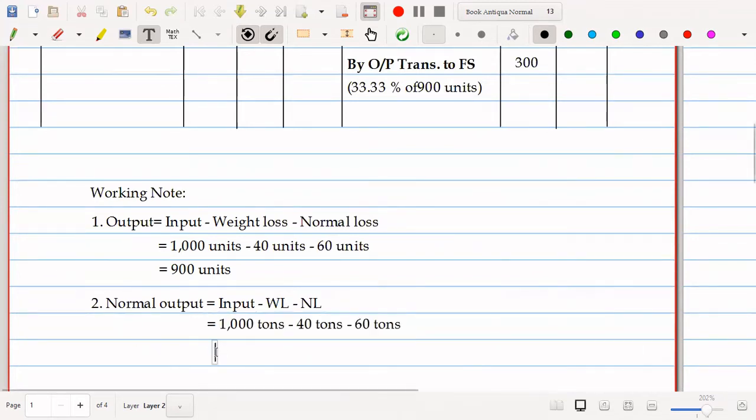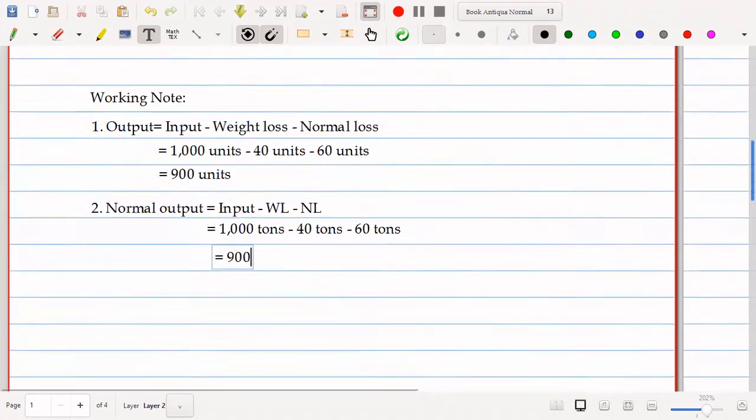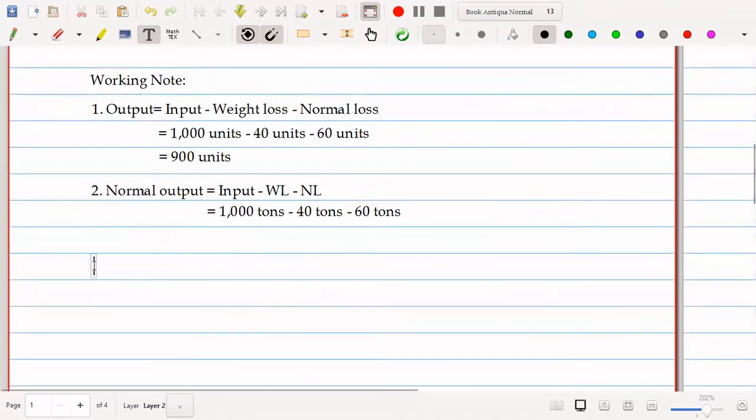Again it comes to 900 itself, because there is no difference made here. So 900. Let's calculate CPU, because we wanted normal output to calculate CPU. So we have to find out first the normal output.